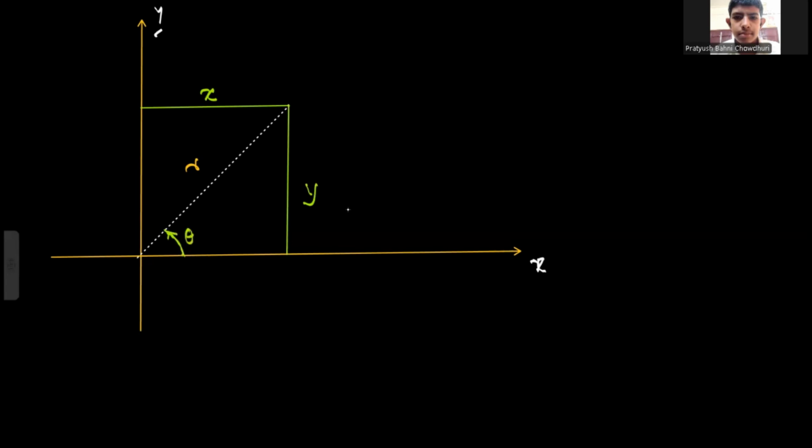Now suppose the coordinate is given in the form r comma theta, the polar coordinate. How to convert it into x comma y? Look, what is sine theta? Sine theta is y by r.